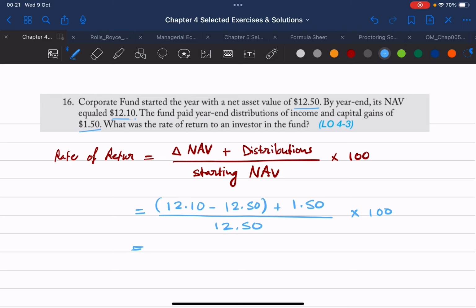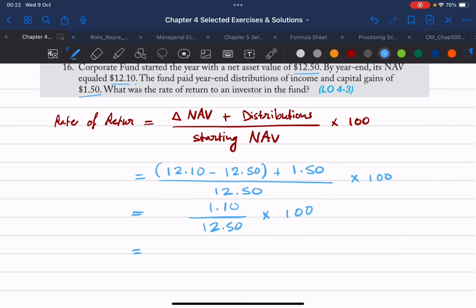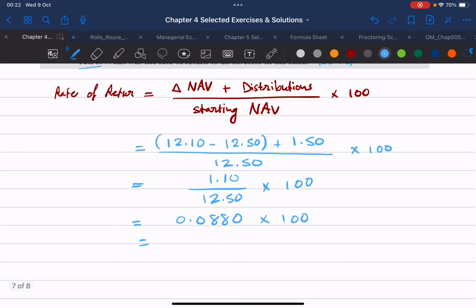12.10 minus 12.50 equals minus 0.4 plus 1.5, that's 1.1, or $1.10, divided by 12.50 multiplied by 100. So I'll divide by 12.50, and that will equal 0.0880 multiplied by 100 to transform into a percentage, and that will be 8.08.